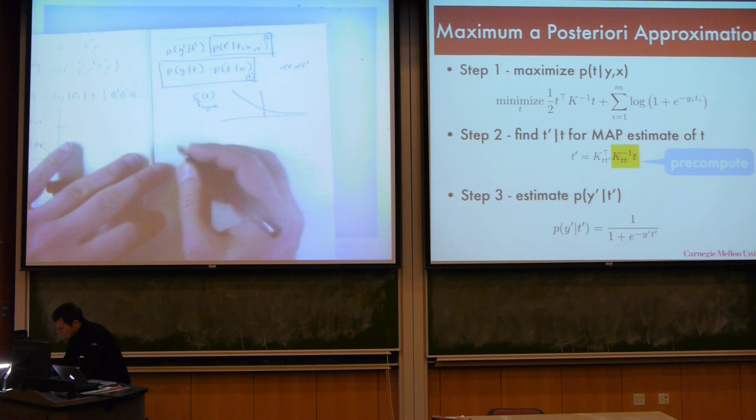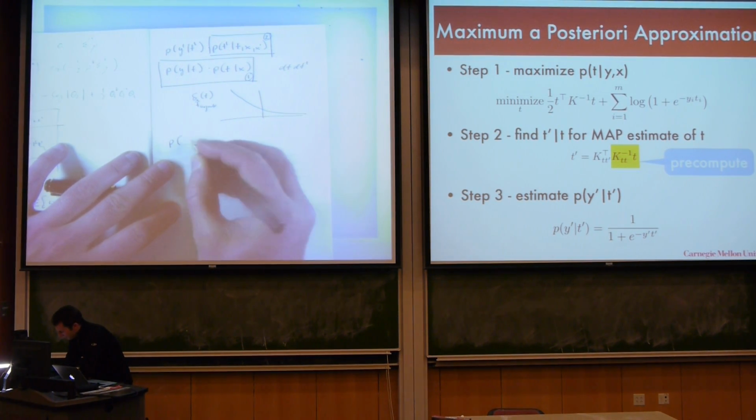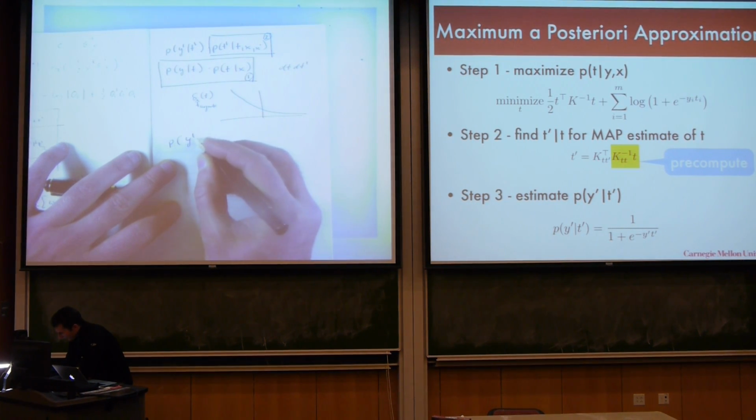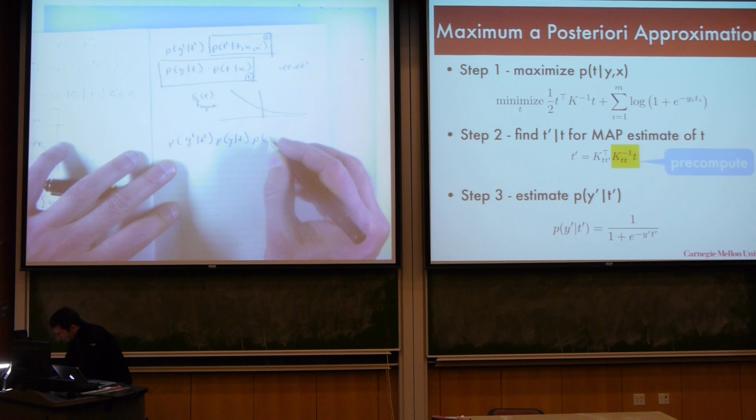well, if you think about it, we have P of y prime given T prime, P of y given T, P of T prime given x prime and k.